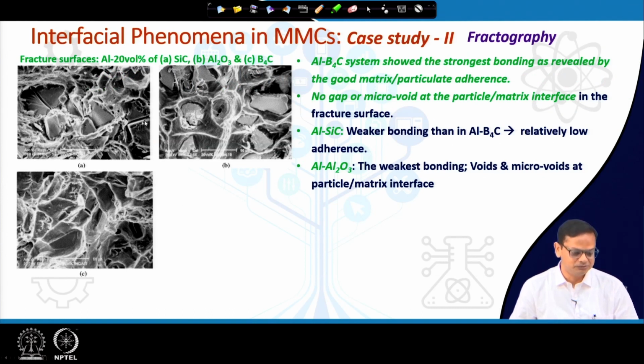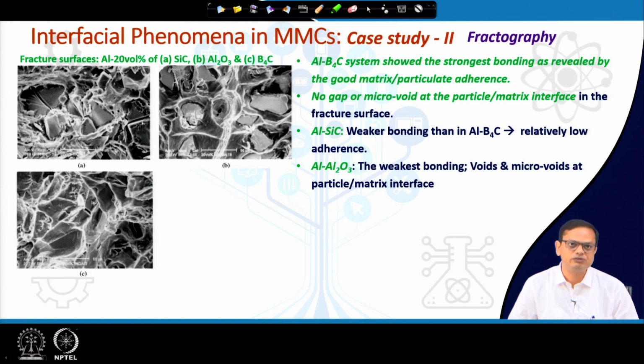In case of Al2O3, what you see here, the interface itself is not very tightly bonded, or weakly bonding you see at the interface between Al and Al2O3. The interface is clean, we are not seeing really formation of any other products, but the interface itself is quite weak as it is. You can see here the cracks are getting generated at the interfaces.